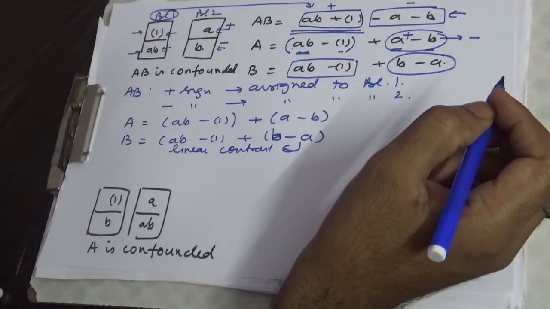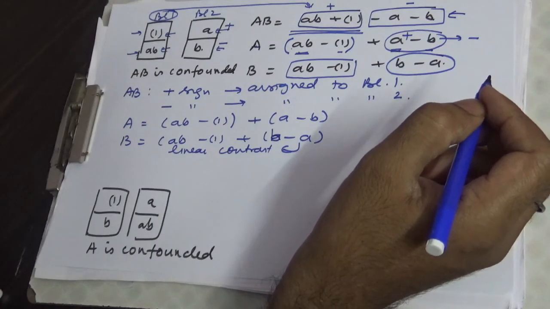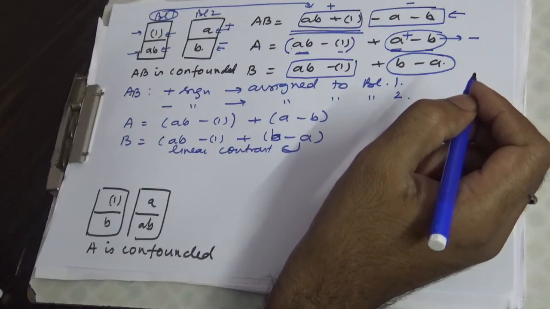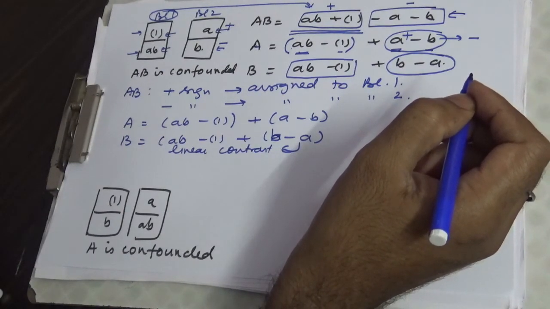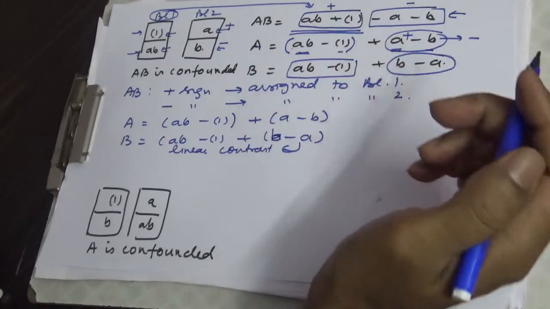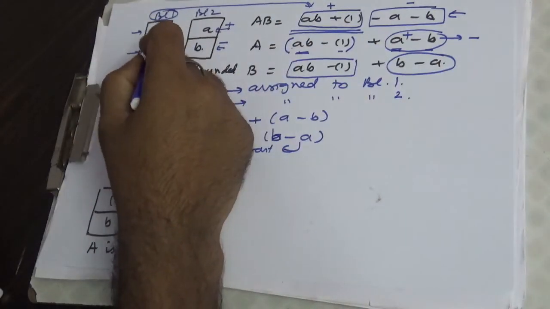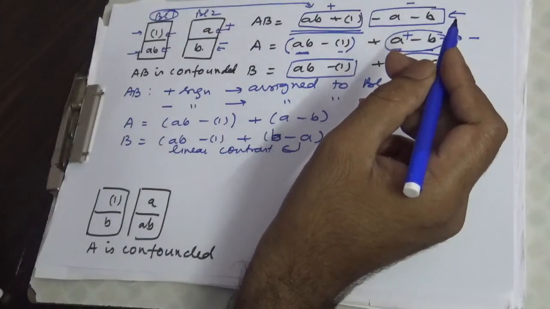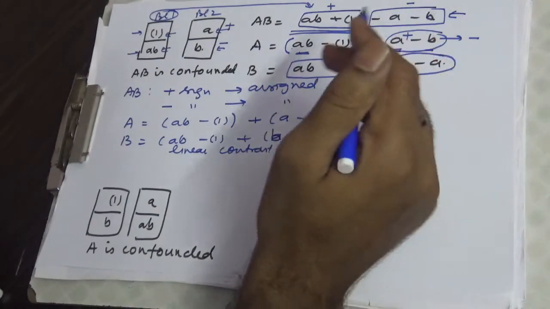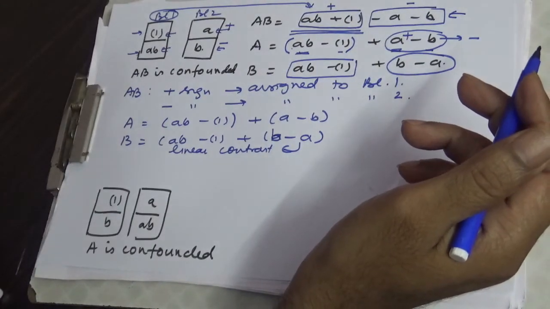So the two treatment combinations have been chosen in the main effects A and B to be assigned in a block such that they are making an elementary contrast, or in general a contrast within a block. That means all those treatments which have been assigned to a block are the elements of a linear contrast.